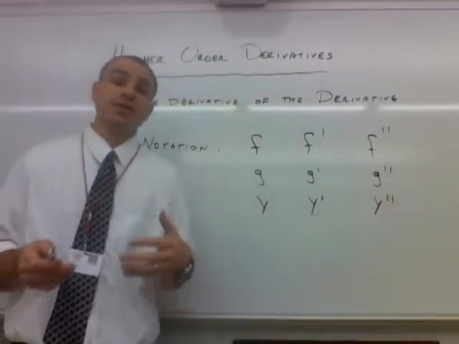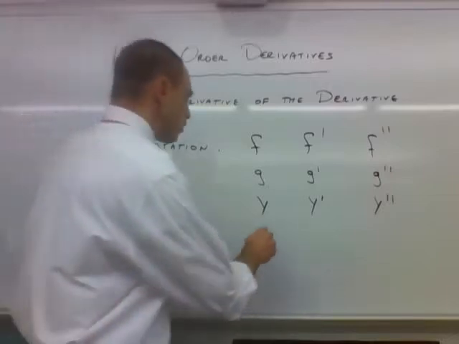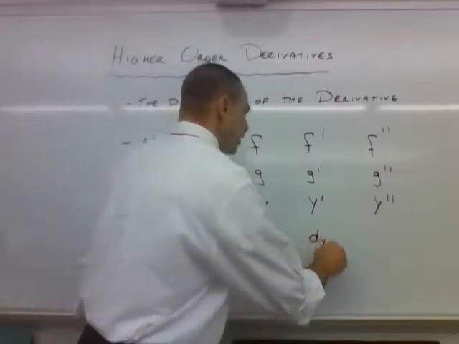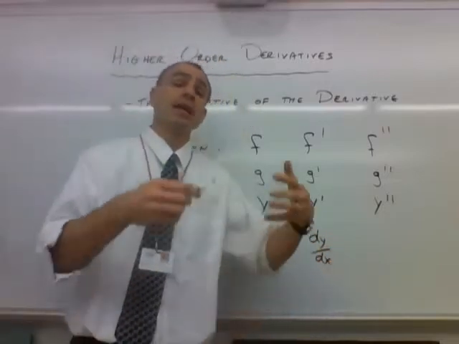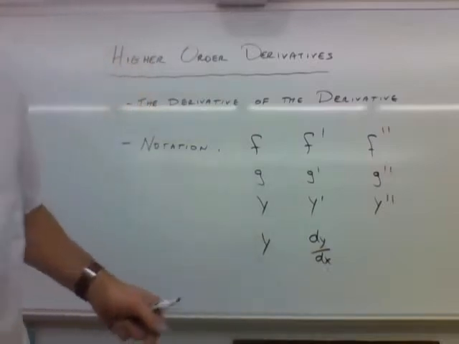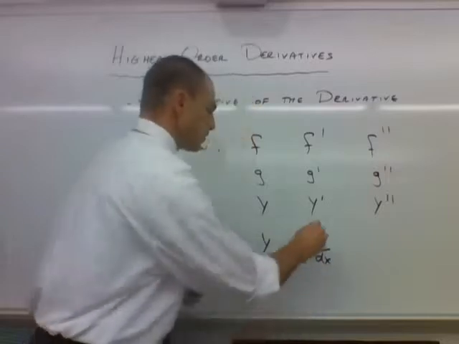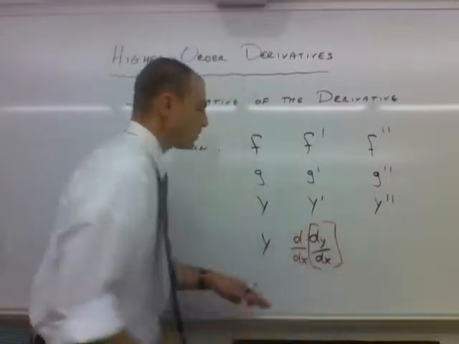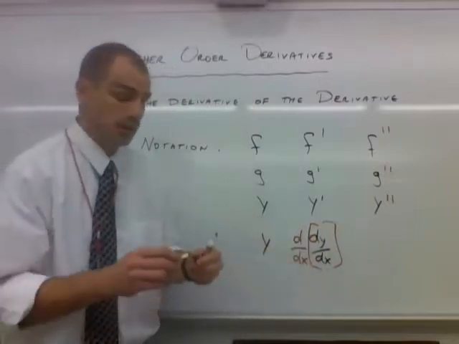The last notation is the Leibniz notation, which if you recall, when we had y, we could also write the derivative as dy dx. And if we take the derivative of dy dx, well, now we have two d's in the numerator, and we have two dx's in the denominator.